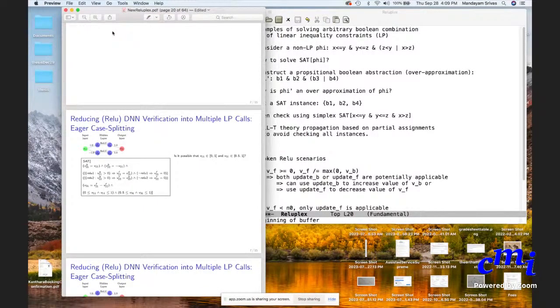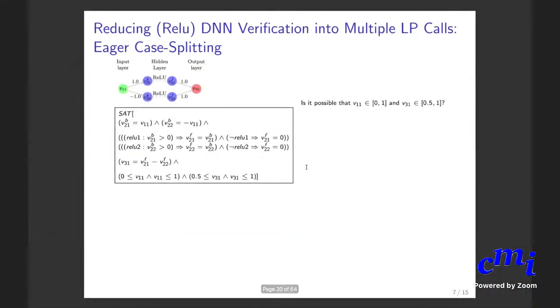Just an LP solver is not good enough to check your properties, because the verification problem that you want to verify is not exactly an LP problem.